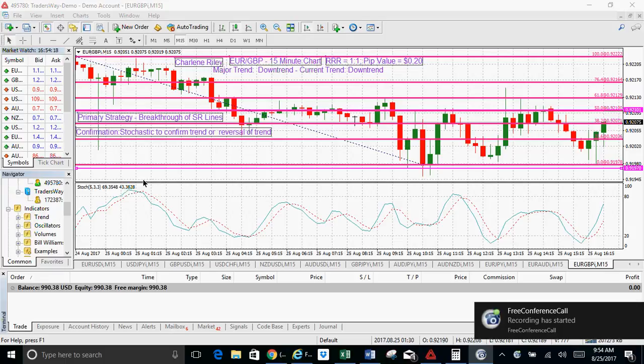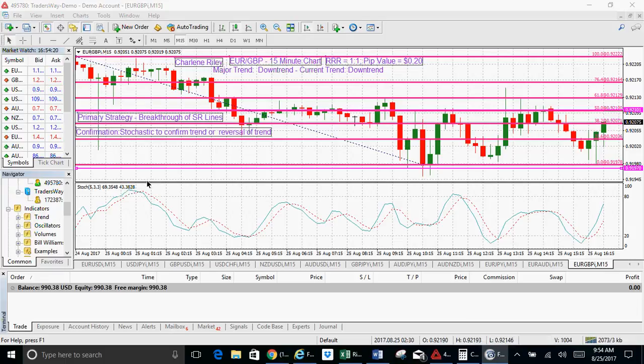So now we have a break above the 92071, and we have the stochastic above 50. So that was the trade setup that I was looking for. So now we'll enter into a buy.